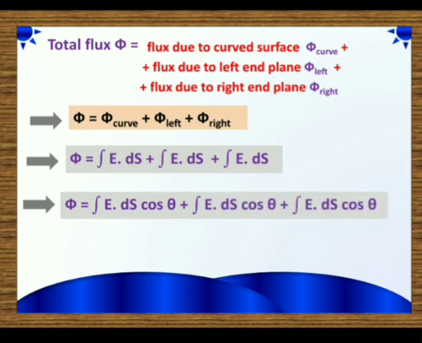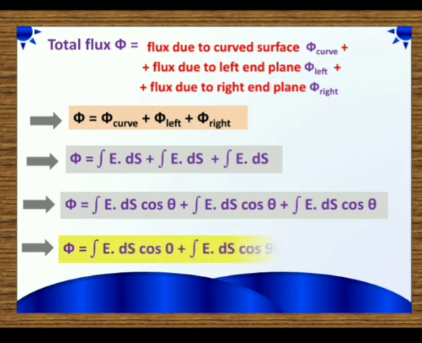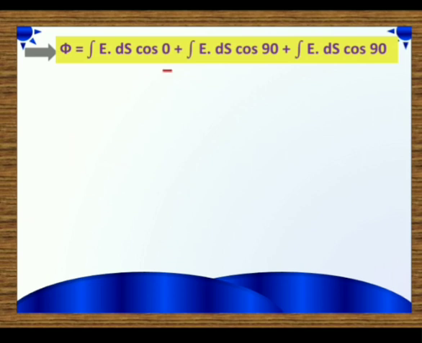Now substitute theta. For the curve it is 0, so integral E dS cos 0 plus integral E dS cos 90 plus integral E dS cos 90, because left and right are 90. Now cos 0 becomes 1, cos 90 becomes 0, so phi is equal to integral E dS plus 0 plus 0.